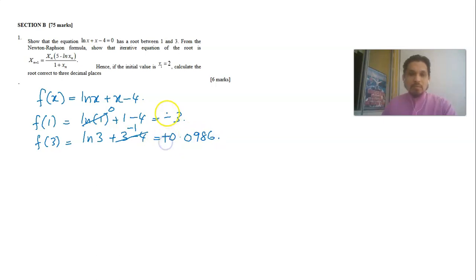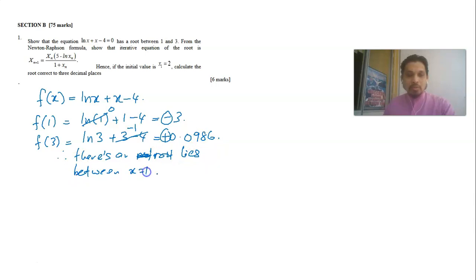So the sign changes from negative to positive. We come up with a conclusion that there's a root lying between x equal to 1 and x equal to 3.